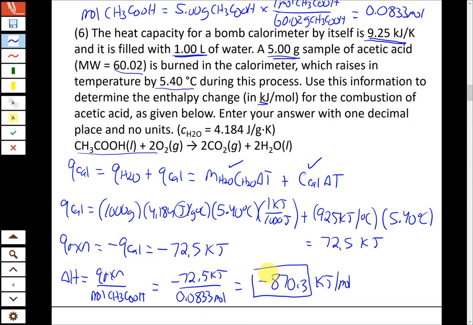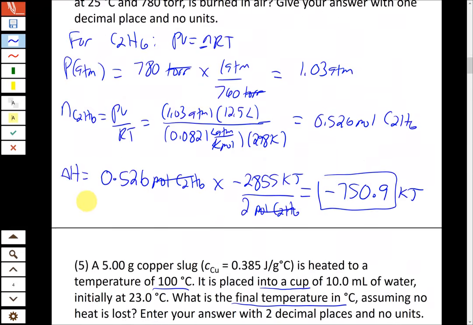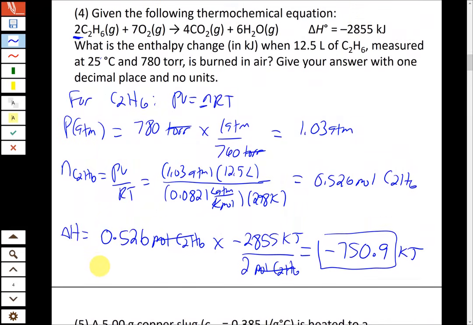Yep. So for the one at the top, were you just plugging in the numbers to the delta H equation? Which one up? The one you went to a couple seconds ago. Number 4? Yeah. If you just plug the numbers into the delta H equation? Well, there's not really an equation here. This one was treated like a stoichiometry problem.